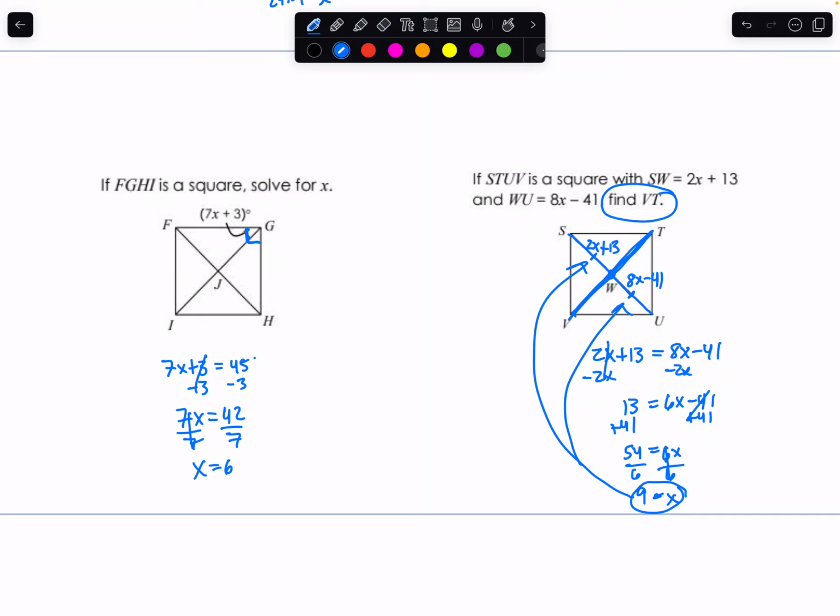So 2 times 9 plus 13, I get 18 plus 13. 18 plus 13 is 31. One length of these is 31, so if this is 31, that means that this is also 31. So the full length is 62. Therefore, VT, the full length, should equal 62.